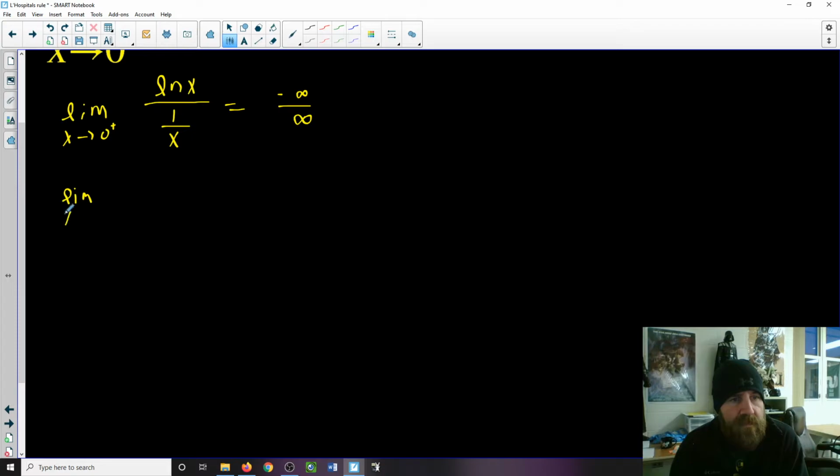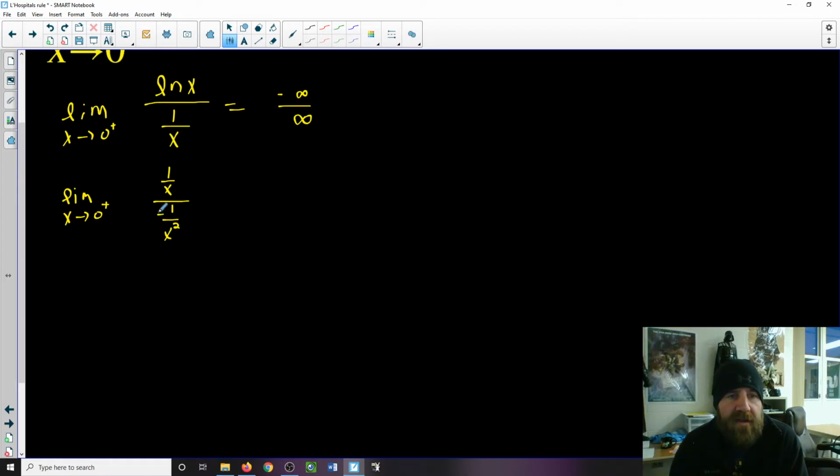The derivative of ln x we know is 1 over x, and the derivative of 1 over x should be negative 1 over x squared.